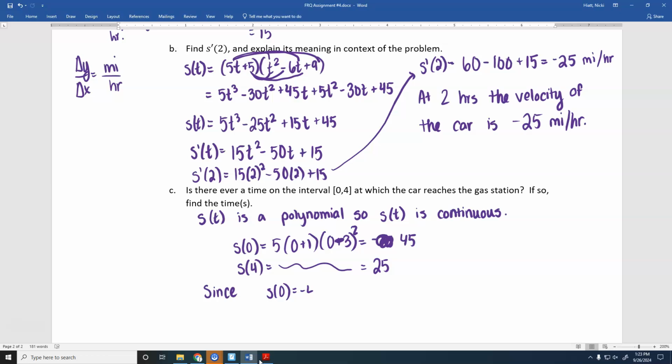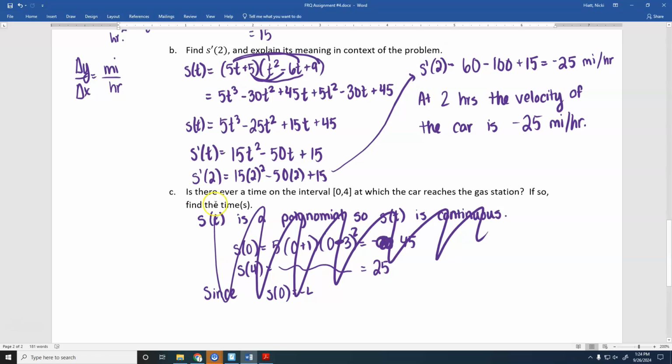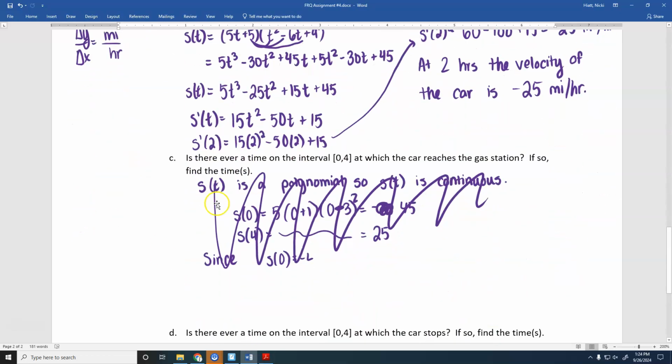Oh, shoot. It's not intermediate value theorem. I should have looked at my game. Set it equal to 0. It's already factored for you. Sorry, guys, I should have looked at it.